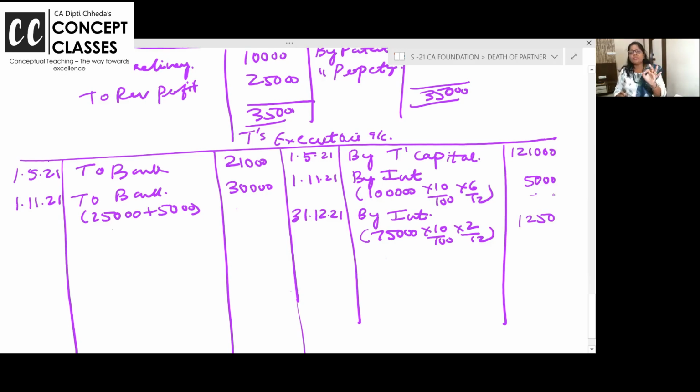Whatever I am using till T, I will pay. 75,000 into 10% into 2 by 12 is 1,250.